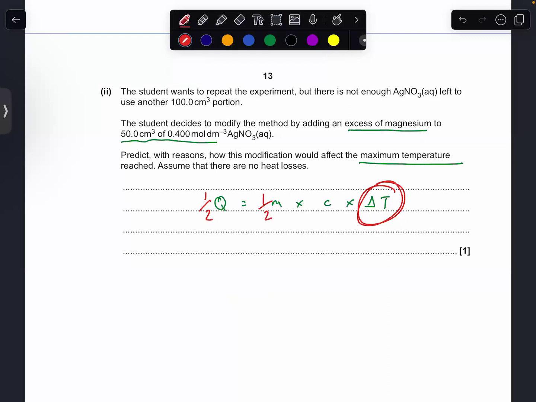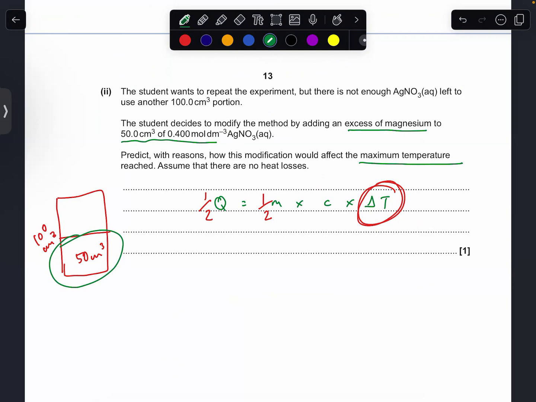Because originally you had 100 centimeters cubed. You've halved that volume, and you're only using 50 centimeters cubed. And so if you're using 50 centimeters cubed, the mass will be half, and the energy given out will be half, but the temperature difference would be the same. I hope that makes sense.